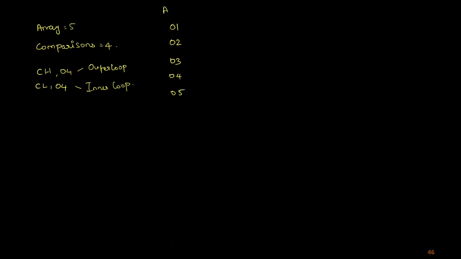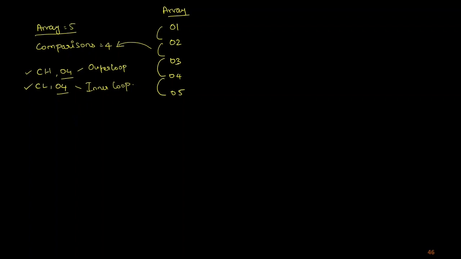It has 5 elements, so we want to take 4 comparisons: 1, 2, 3, and 4. That is your comparison count, which is what CH and CL mean. If your array has 5 elements, you should declare it as 4 in order to make the comparisons.